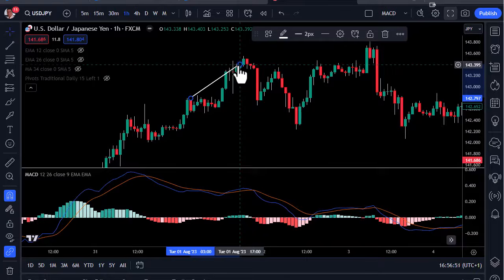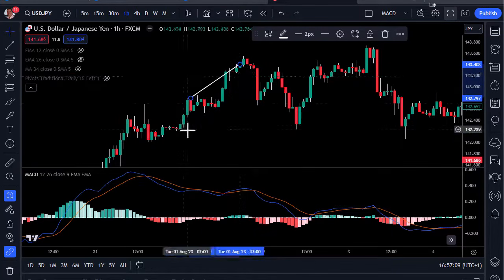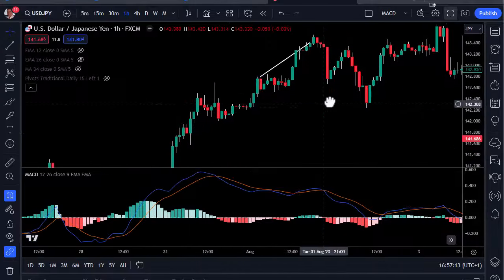Notice the emphasis on the word could. It doesn't guarantee we'll see a correction, and the correction, when it comes and if it comes, might be rather modest compared to what some people believe it's going to be. So you've got to be very careful when you see them. Anyway, first things first, this is a divergence with price going upwards and the strength coming down. So you can see the clear divergence there.